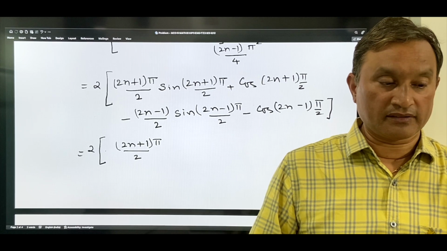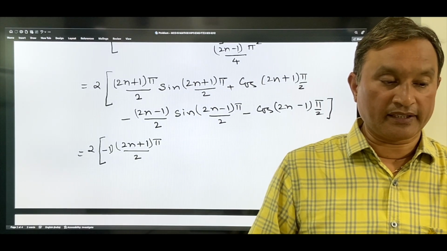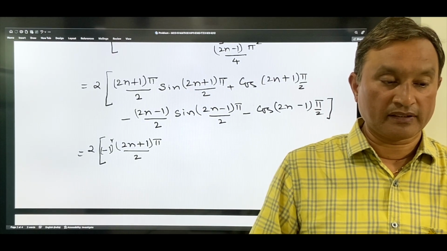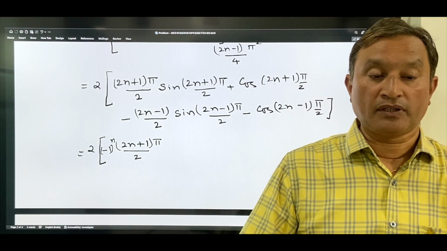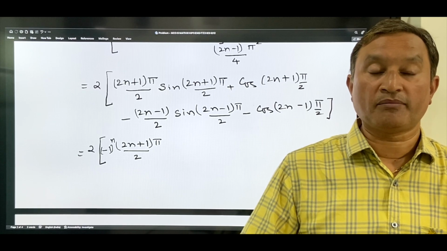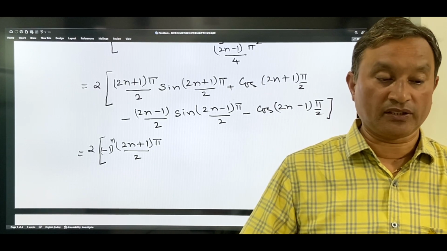So the general value we will write is minus 1 power n, and the cos value of (2n plus 1) pi by 2 would be 0.